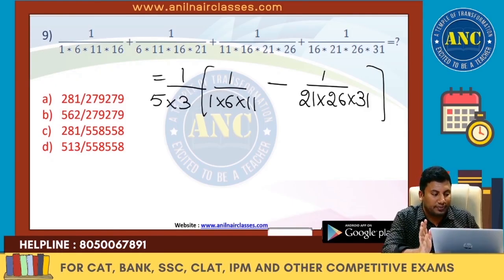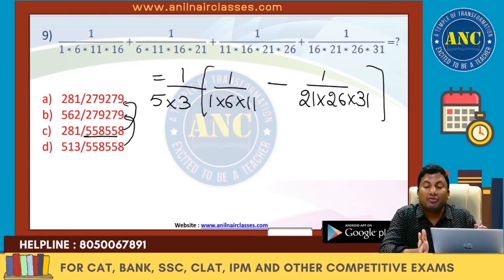Most of the students will find it a little complex in doing this calculation. So what we'll do is, now this is nothing but a multiple of this number. This is nothing but a multiple of this number. Otherwise I would have used the divisibility rule of this number.